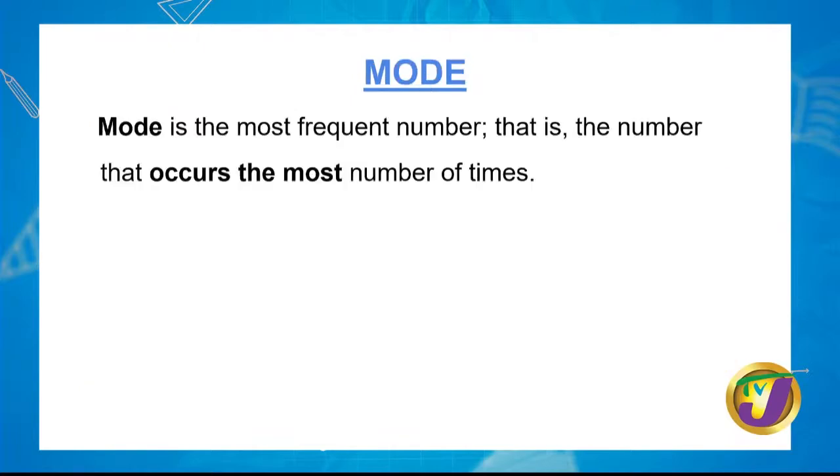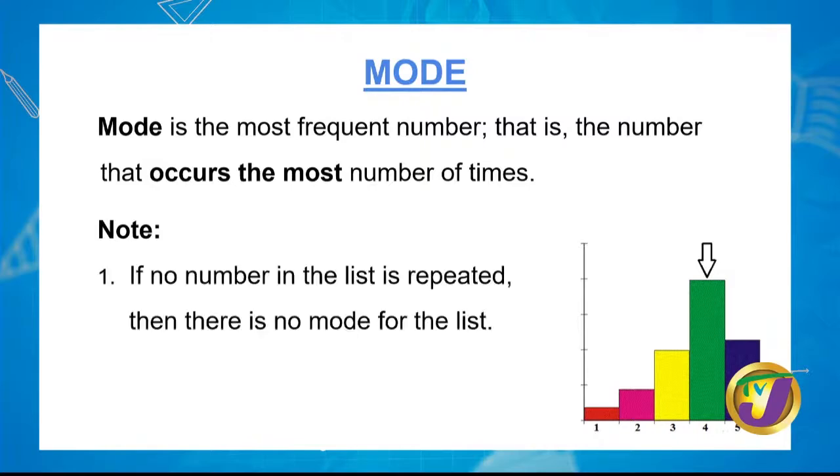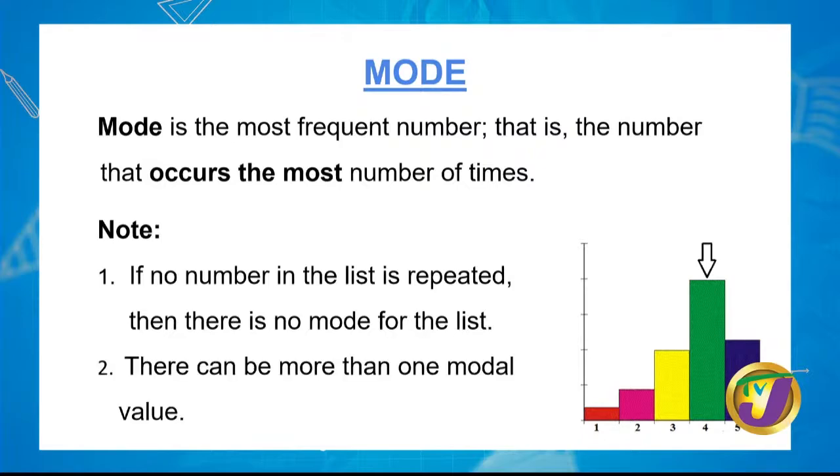Okay. All right, mode. Next, the mode is the most frequent number in our distribution. That is the number which occurs the most. All right. In this diagram, you will see that it is also represented by the highest bar in the distribution. If no number in the list is repeated, then there is no mode in the list.